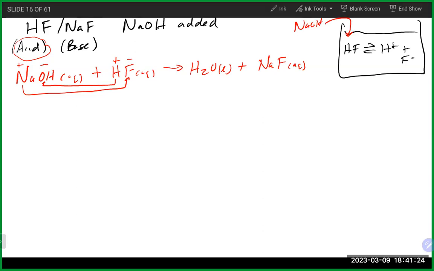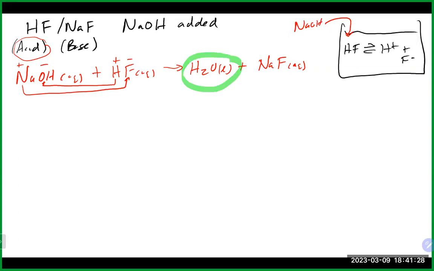And we do see a couple of things formed here. We do see that we made water, which definitely should not screw up the pH. Once again, like the other, we make sodium fluoride, which was part of the buffer to begin with. And again, that always happens. You always make the other part of the buffer when you're reacting it.